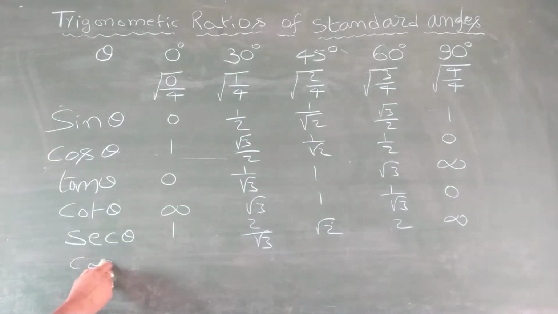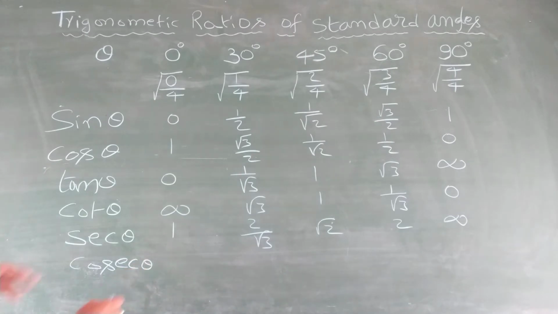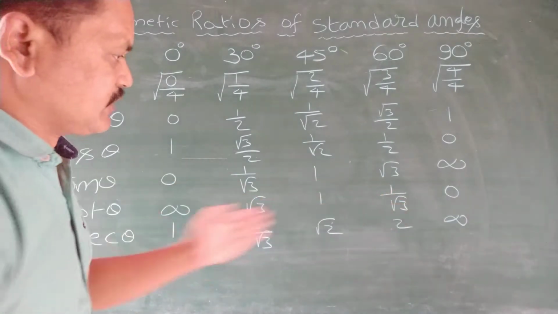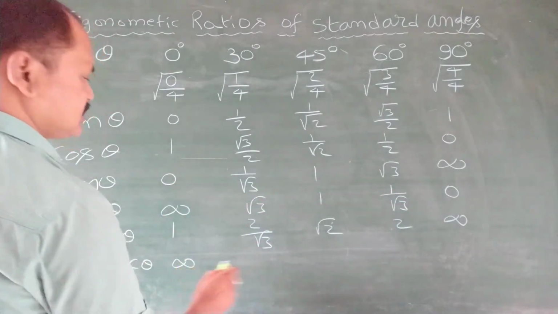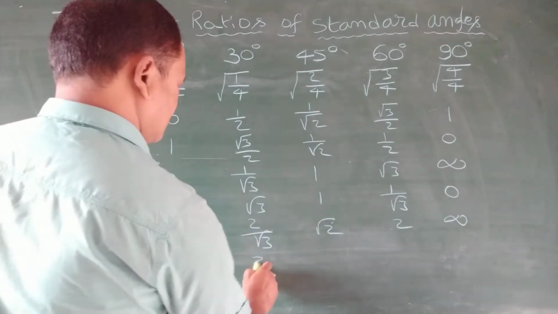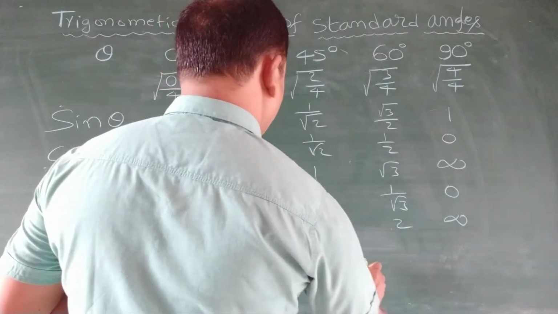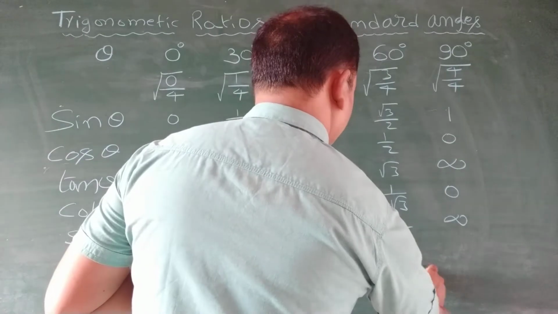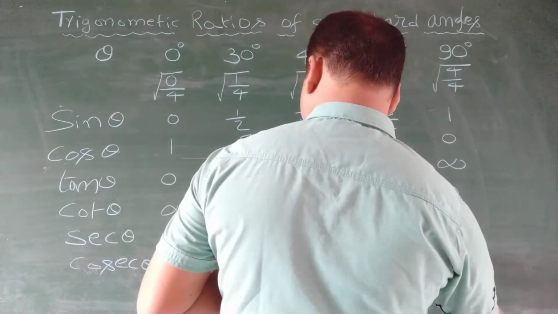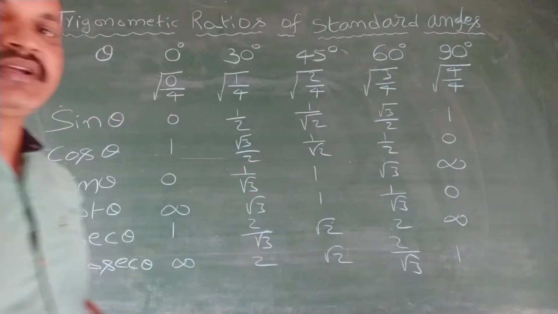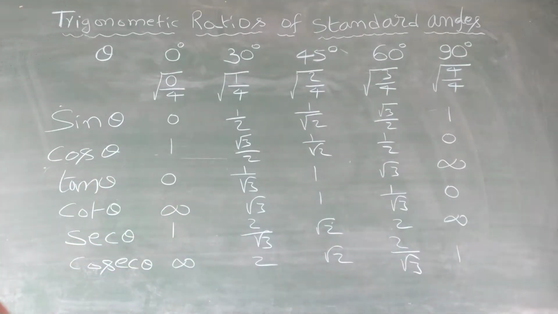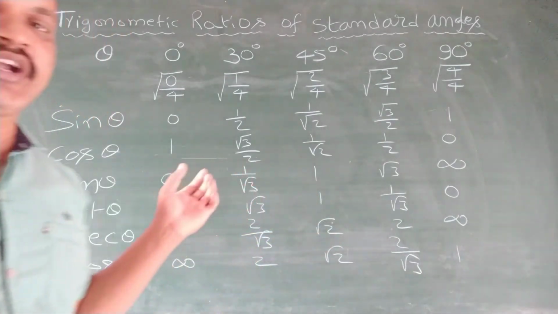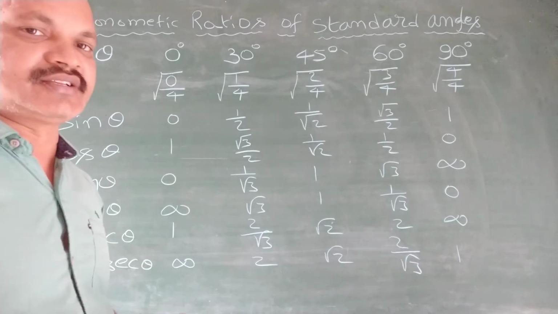Now cosecant, the reverse of the ratios: infinite, undefined, 2, root 2, 2 by root 3 and 1. That's all. So these are the standard results for trigonometric ratios of standard angles.